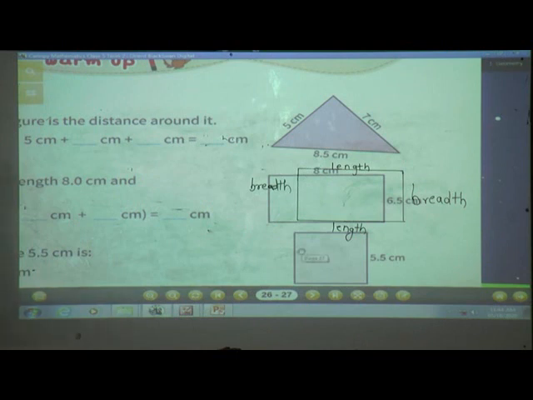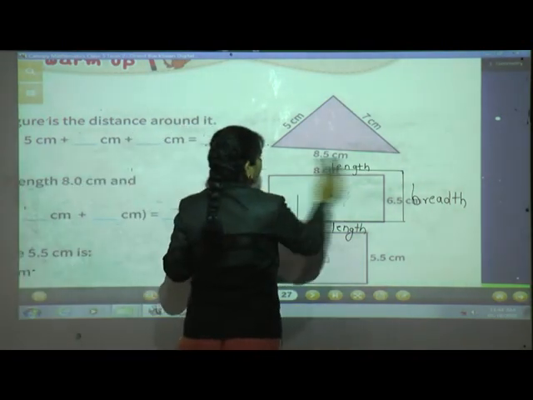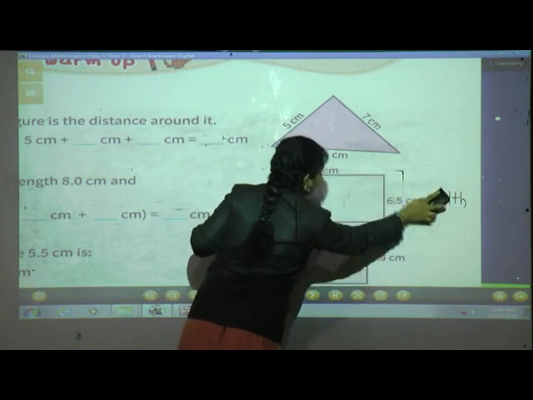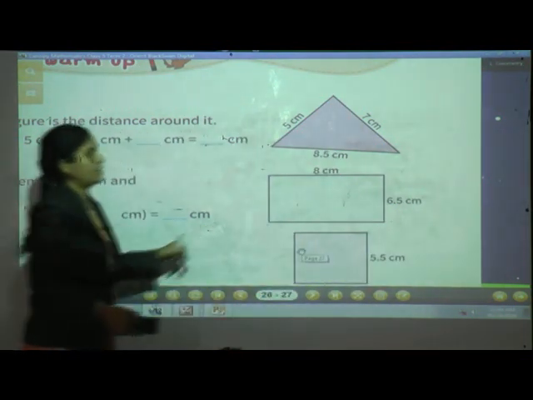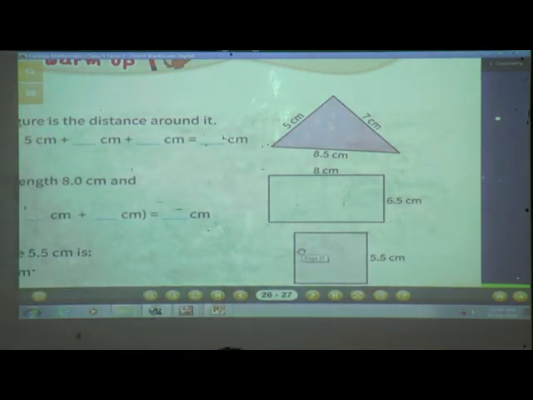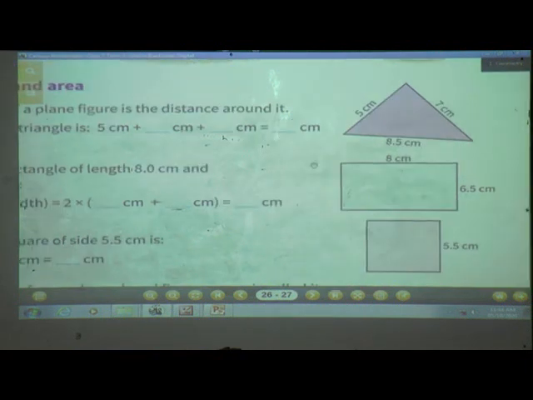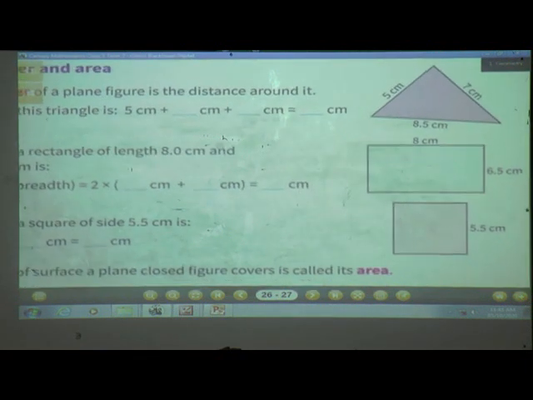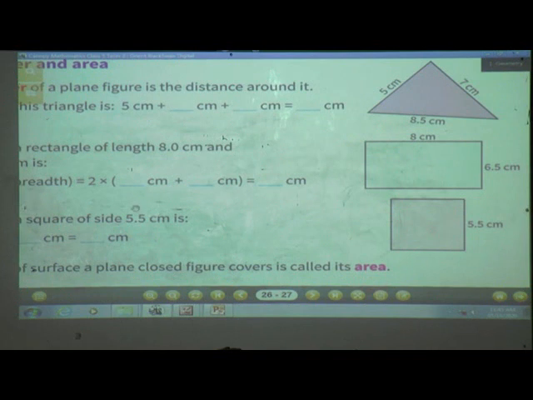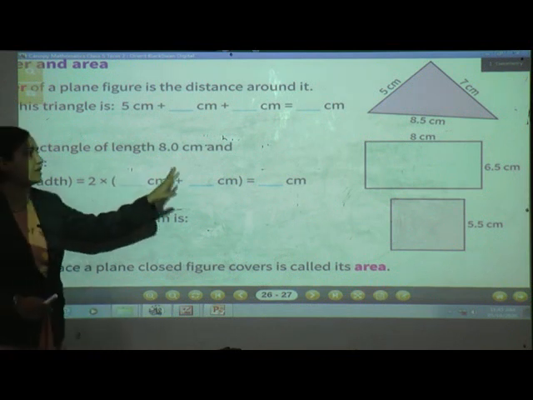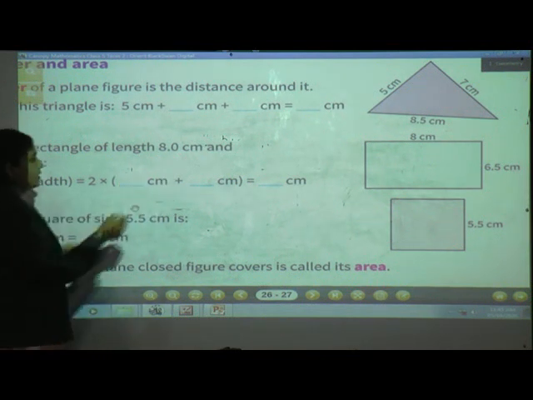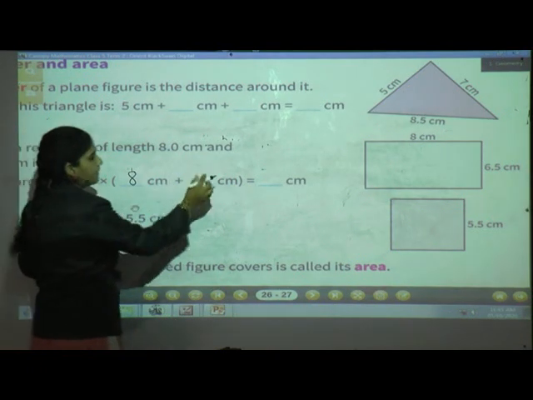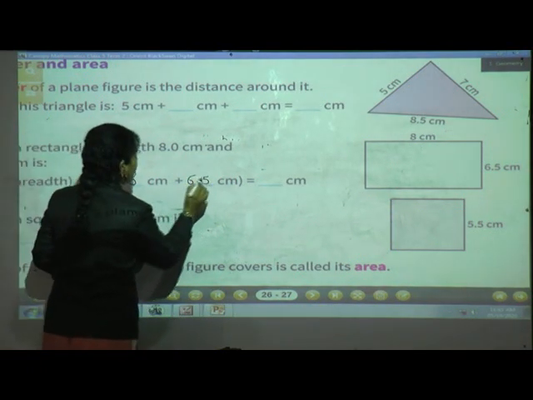So we will see the next example from the textbook. Here they have given us one rectangle and also its length and breadth. See, here length is equal to 8 centimeter and breadth is equal to 6.5 centimeter. So our formula of perimeter of a rectangle is equal to 2 multiplied by length plus breadth. Here length is 8 centimeter and breadth is 6.5 centimeter.